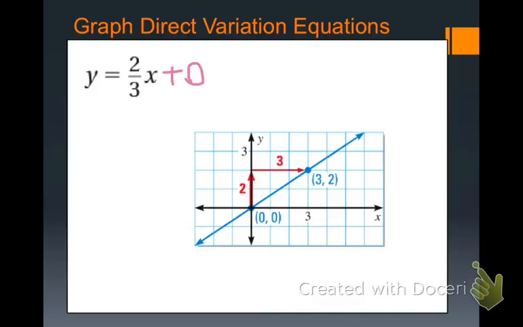If the y-intercept is 0, it has to go through the y-axis at 0, which means it also goes through the x-axis at 0. So you can put a point at the origin, and then 2/3 is still my slope. That's why you go up 2 and to the right 3 for a second point. But direct variation equations must go through the origin.